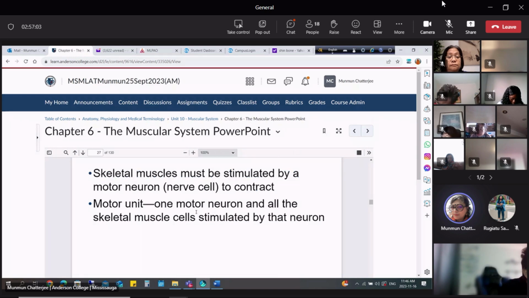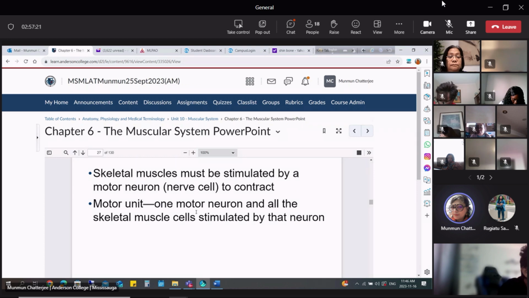For doing any action, skeletal muscle must be stimulated by a motor neuron, a nerve cell, to contract. So what is the motor unit? One motor neuron and all the skeletal muscle cells stimulated by that neuron.